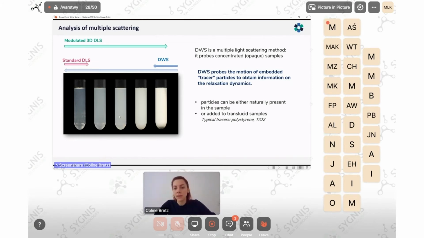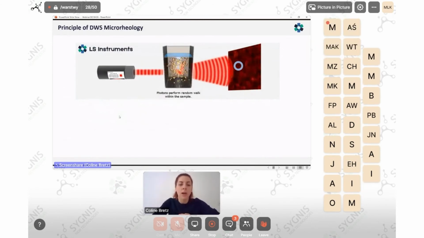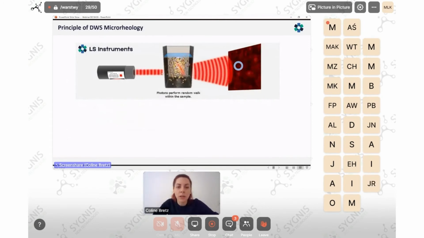In such cases, one would typically use titania particles or polystyrene particles, depending on the physical-chemical properties of the sample. To explain a little better how this technique works, we have here a laser beam that is sent onto the sample, and we're looking to characterize the dynamics of photons that have been scattered multiple times in this sample.